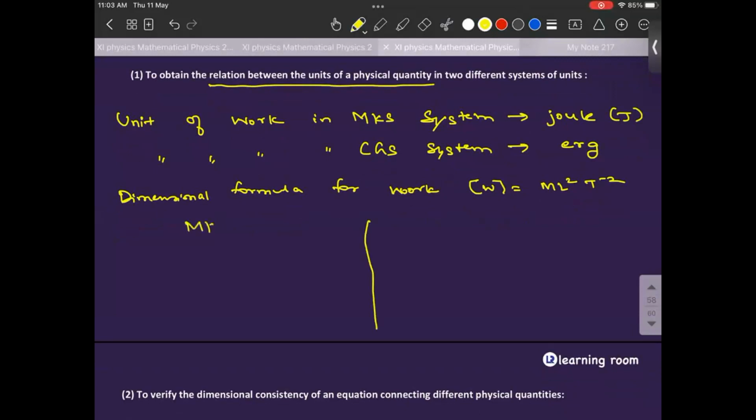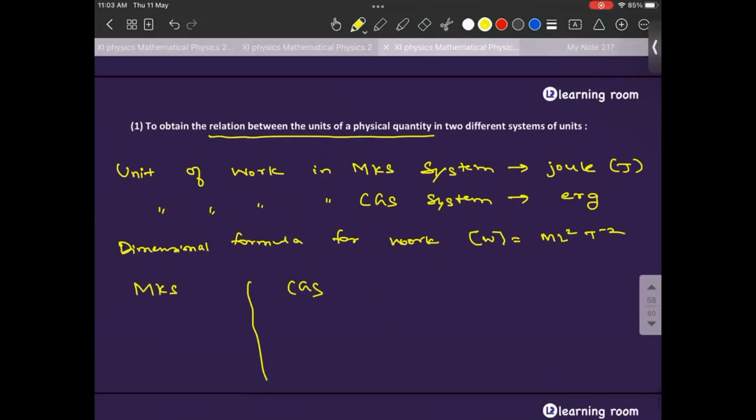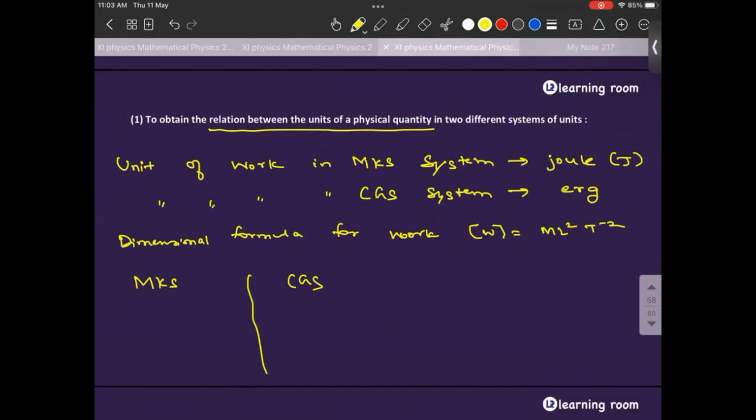One side I'm going to see for the MKS system and the other side for the CGS system. So in the MKS system, mass is measured in kilogram, length is measured in meter, and time is measured in second.